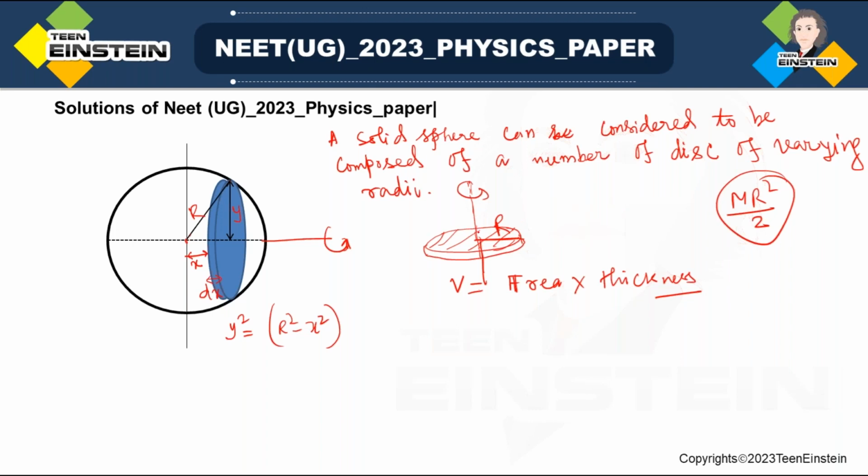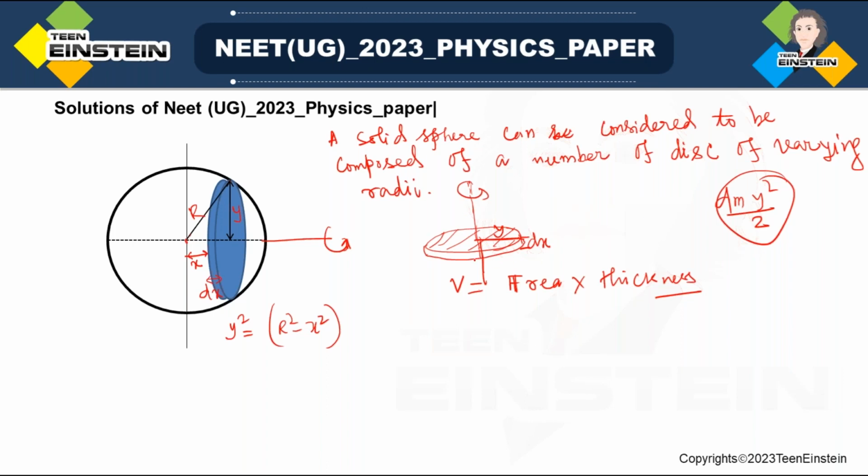But in this case, we need to find the mass. Since it is an elementary disk, the mass is dm, and instead of r we have y, because y is the radius of the disk in the figure and the thickness is dx.